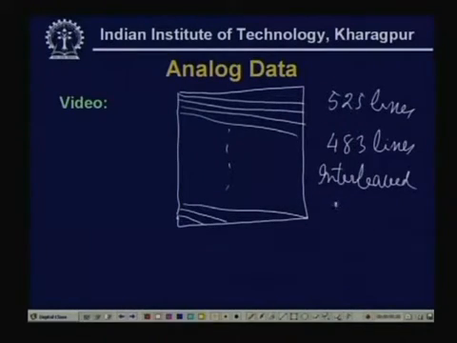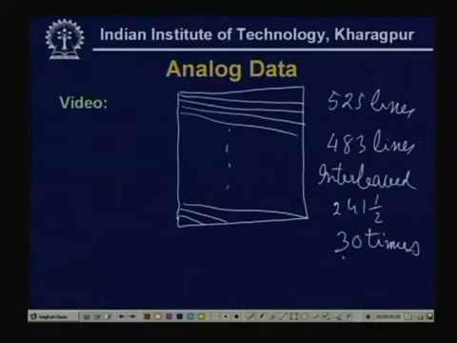That means 241 and a half times it is repeated, twice it is repeated, and it is repeated 30 times a second to make it visible on the screen. That means for the sake of retentivity of the eye, the repetition rate should not be less than 30 times, otherwise the image will not appear to be stationary.